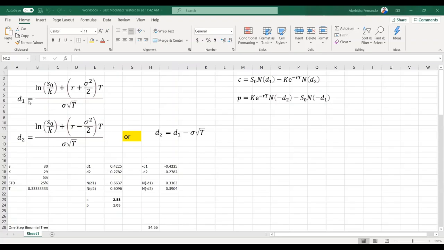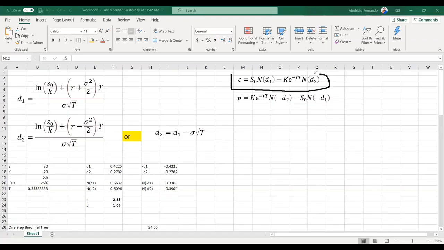Now, for us to calculate the European call price, the requirement in the tutorial is the price of the option if it is a European call, using the Black-Scholes model. To do that, we will have to use this particular equation.